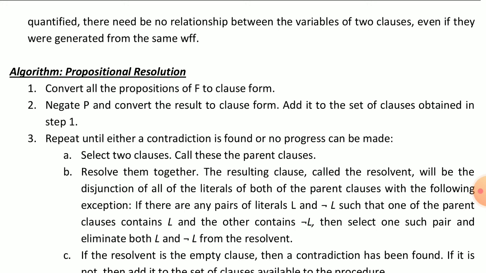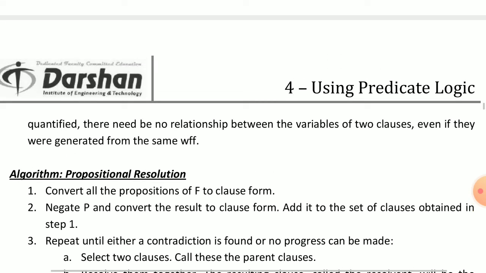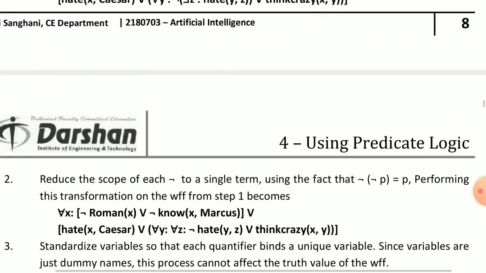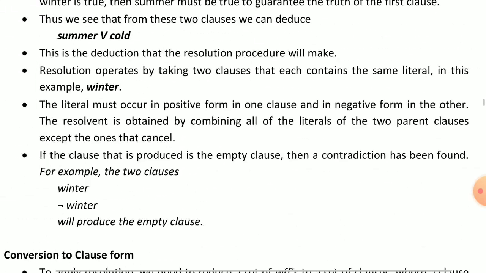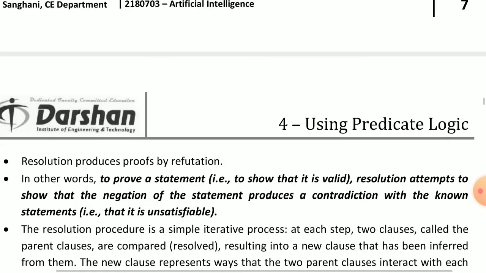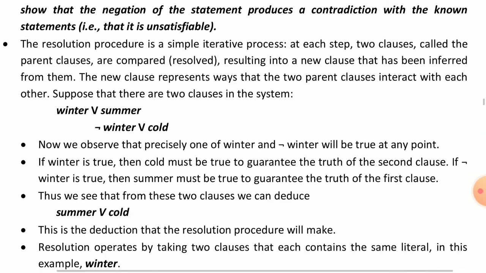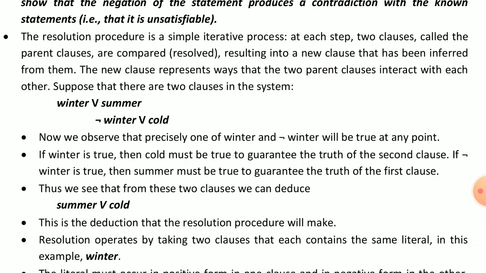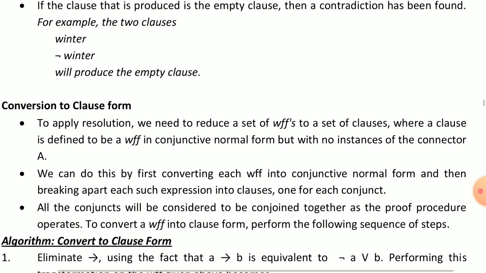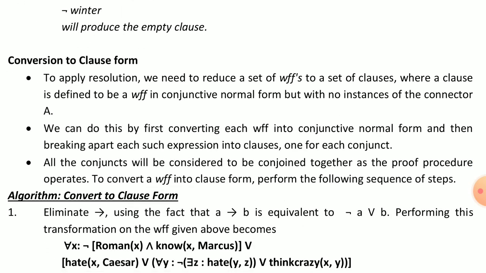So here our algorithm is completed. Now I revise the topic. In the previous video lecture, I started the topic resolution, its definition and basic explanation completed with example, and we can start the topic conversion to clause form.